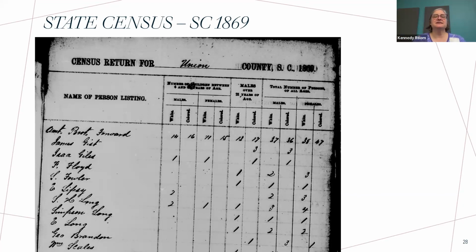And the thing about this is we're back to name of person, head of household, and the number of people in white, colored, males and females, and basic demographic information. So you're not getting a whole lot of information, but it may be enough to be able to say this is the right person in the right time, and it fills in a date that you needed in your timeline.